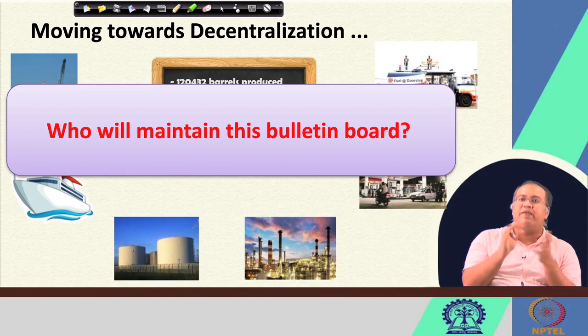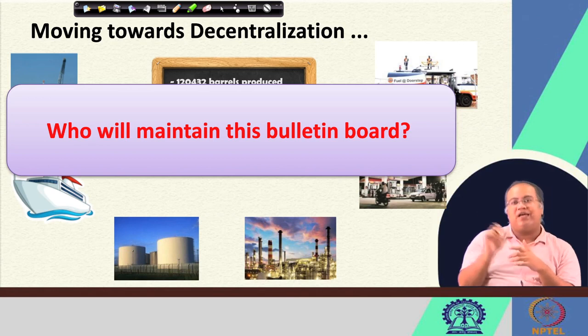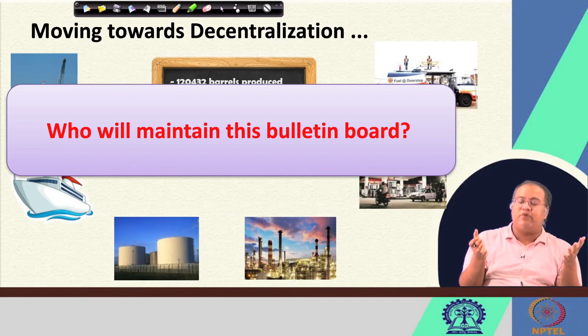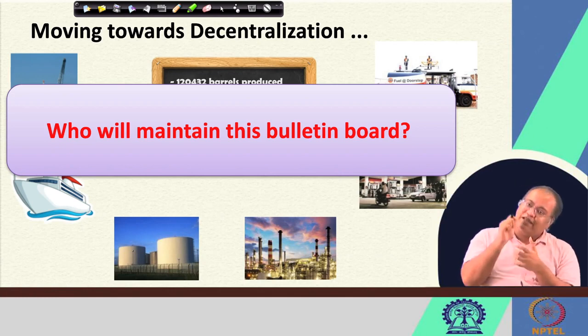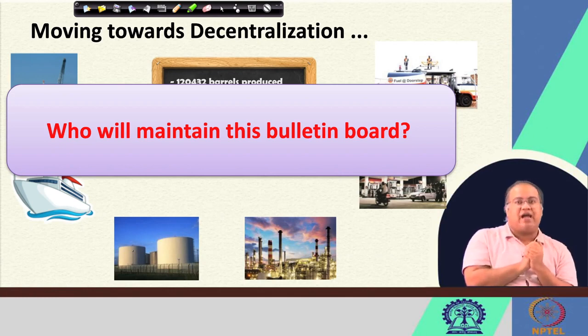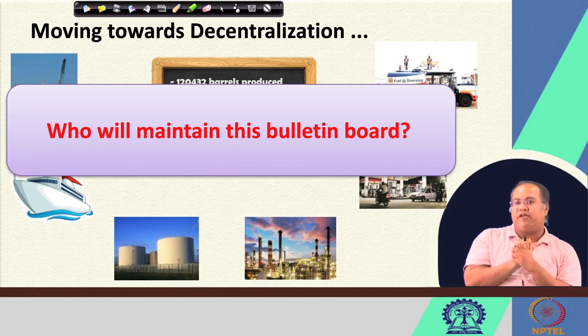I do not want a central authority to maintain everything, because in that case, if that central authority fails or some attack happens to it, then all the information is lost and all the coordination is lost. A perfectly decentralized system will help me make the system more fail-safe. And then there is another fundamental principle behind that, which is again pretty interesting.